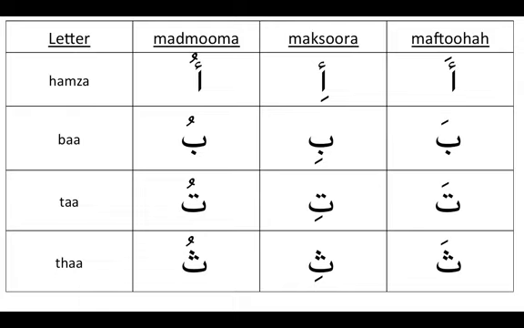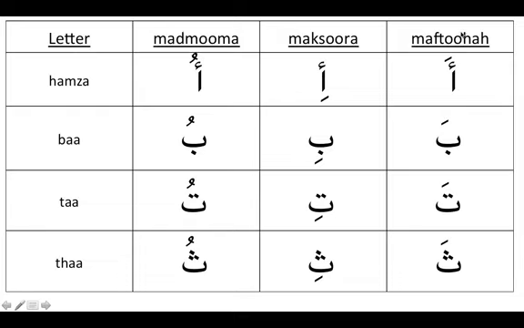Then I'll come back to the same grid and do it by column: the 28 maftuha letters, then the 28 maksura letters, then all 28 madmuma letters and what they sound like. So let's get started.